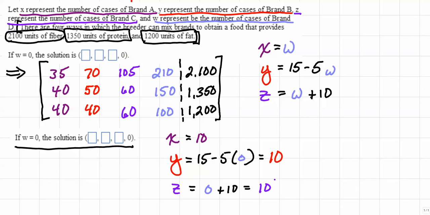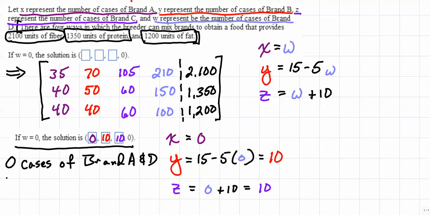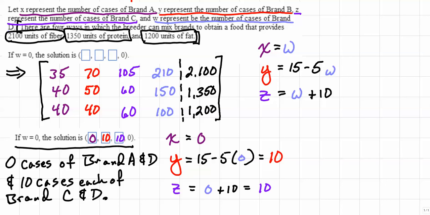So now I will have my answers of x is equal to 0, y is equal to 10, and z is equal to 10, which means that in this case you would purchase 0 cases of brand A and D and 10 cases each of brands C and D. And of course, that answer would be incorrect because this value should actually be 15, because 15 minus 0 is 15, not 10.